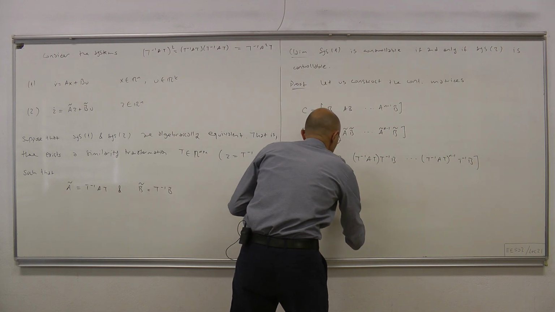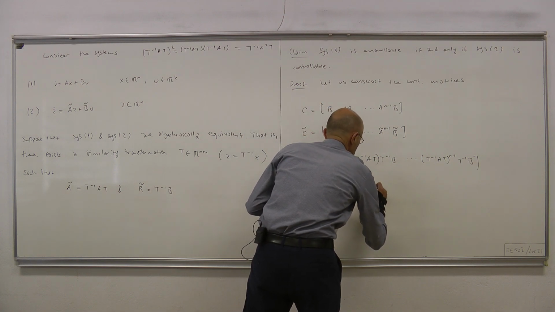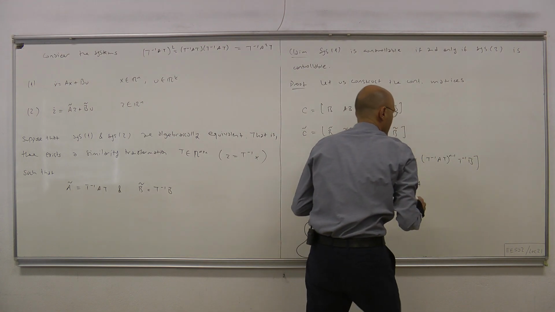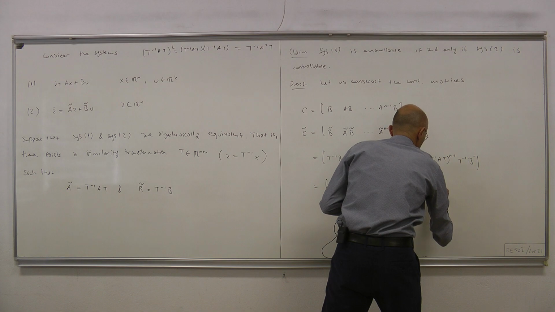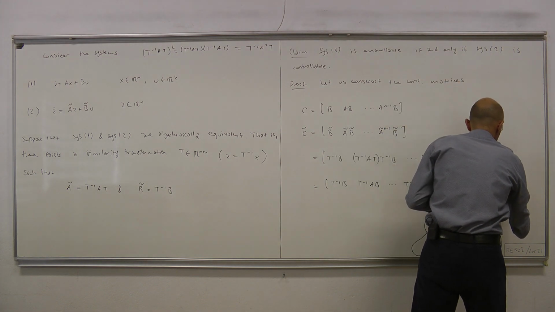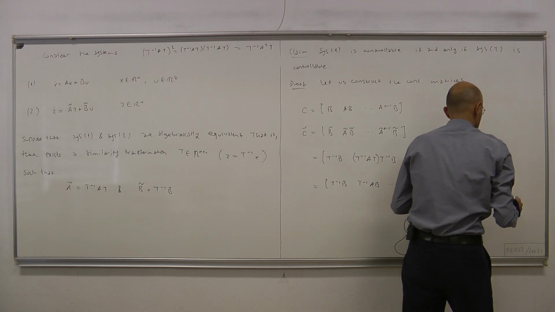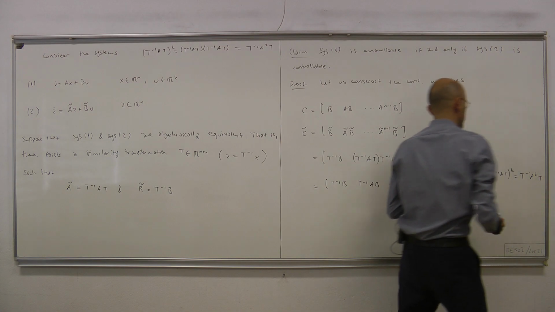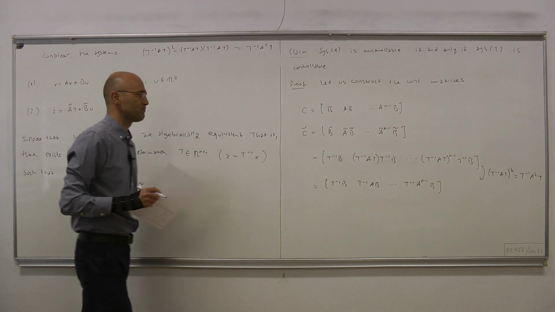T inverse B, T inverse AB, ..., T inverse A raised to the power n minus 1 B. Here we use the fact that the kth power of T inverse A T equals T inverse A^k T for any power k.